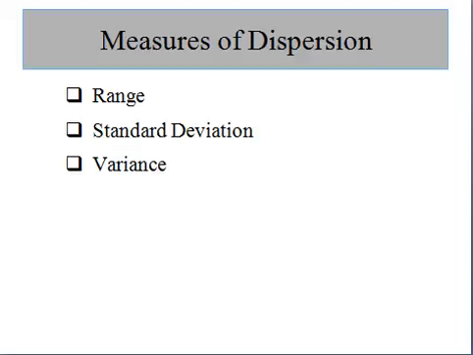The simplest measure of variability in a sample is range, and this is basically the difference between the largest and smallest sample values.